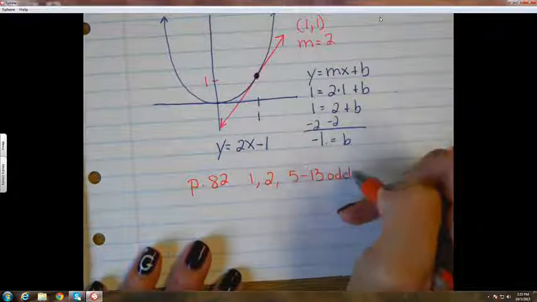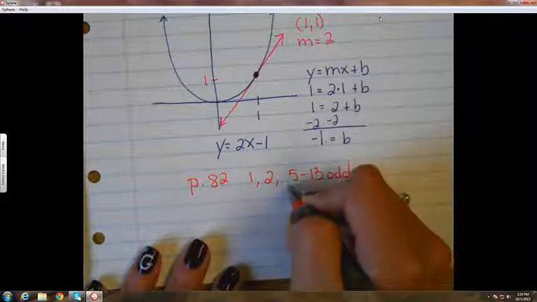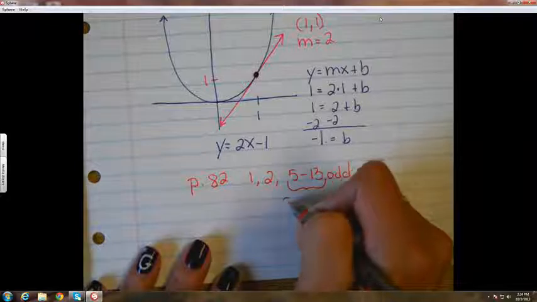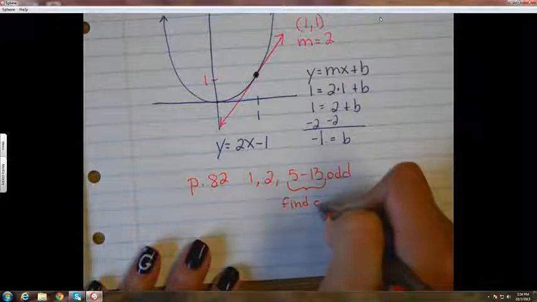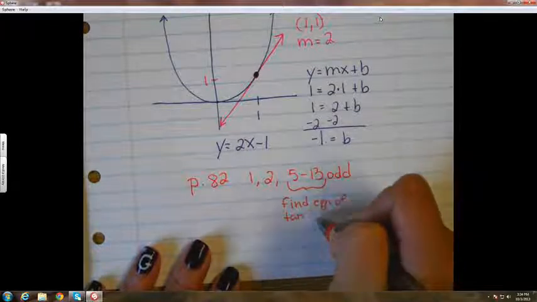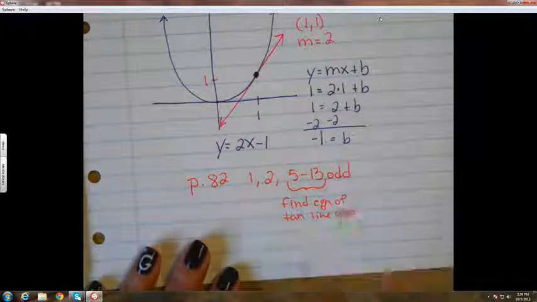I'm also going to add on, because this is just find the derivative with that definition, I also want you to find the equation of the tangent line for all of these. Find equation of tangent line also, besides doing the derivative like it says in the book.